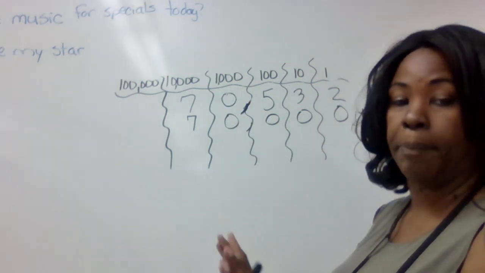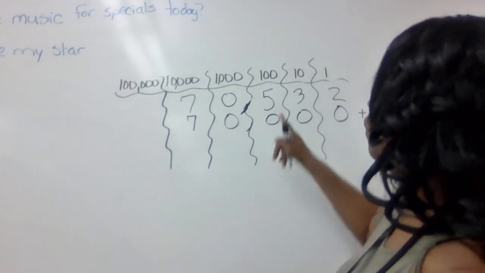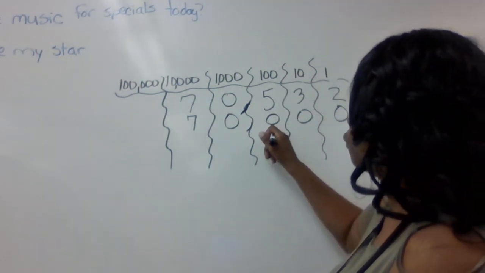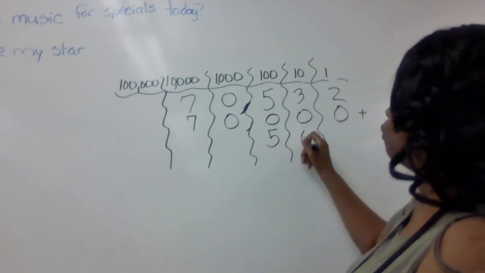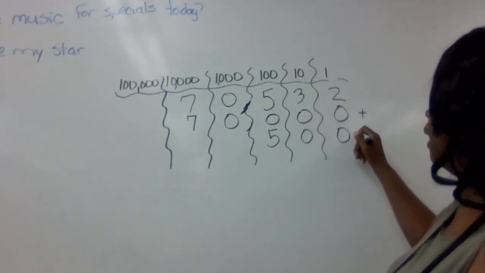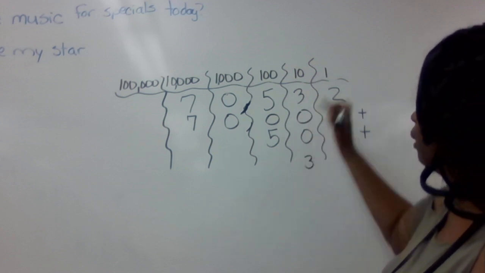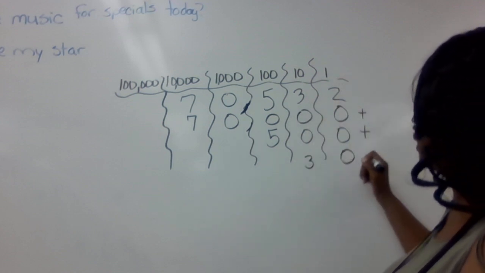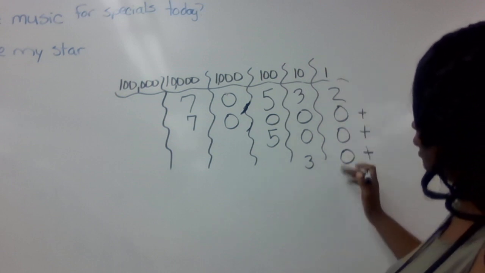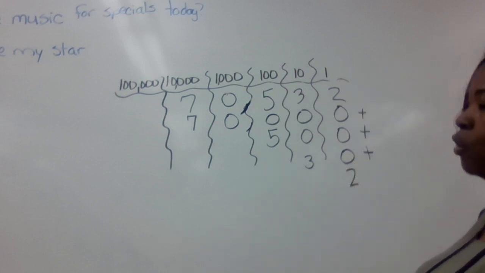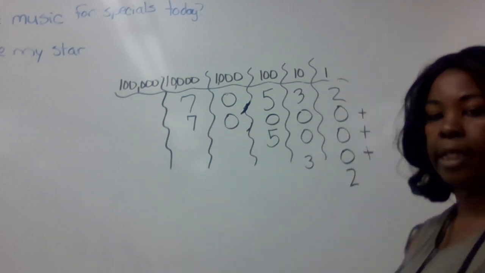So that means we can skip it when we're doing expanded form. So we're going to come down. We're going to do the 5, come straight down. Notice how my rows are nice and neat. Okay? Next, number 3. I come straight down. Look at my columns and my rows. Nice and neat. Bring down the next one. It's just a 2.